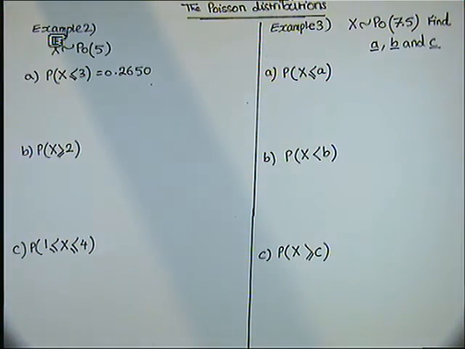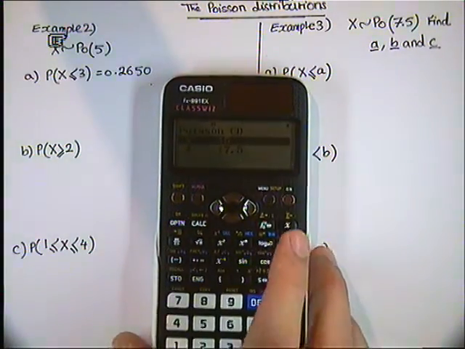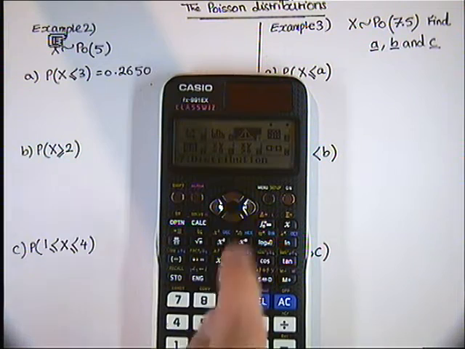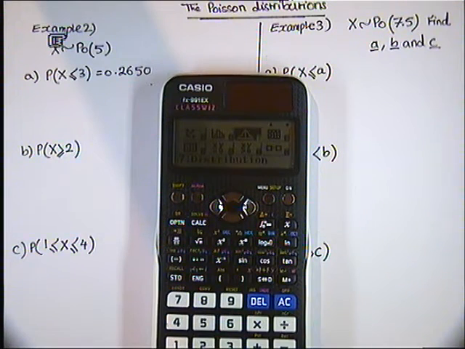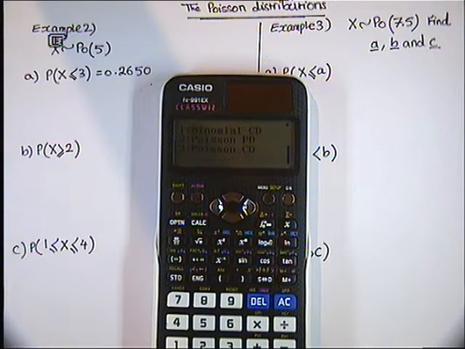0.2650. However, we can use a calculator for this answer. All we need to do is set up number 7. Okay, so move to the next slide, which is Poisson. PD or CD.